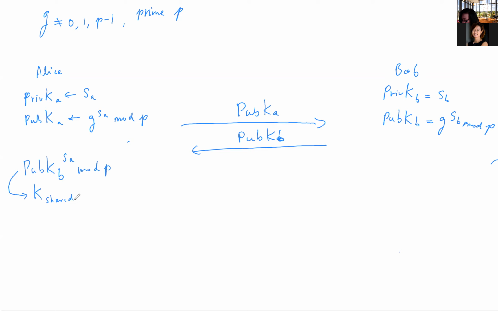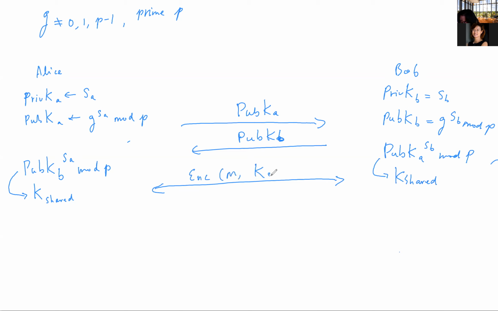Similarly, Bob raises Alice's public key to the power of SB, mod P, and this is Bob's shared key. Then they use the shared key to communicate, like encrypting a message.